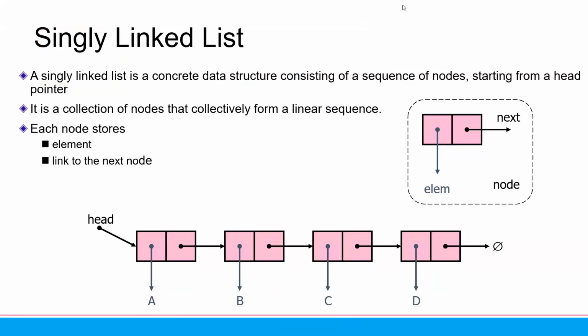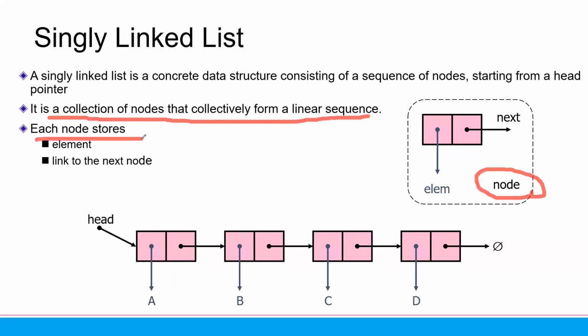So we call this a node because in a node it can have many kinds of values. So a singly linked list is a collection of nodes that collectively form a linear sequence.